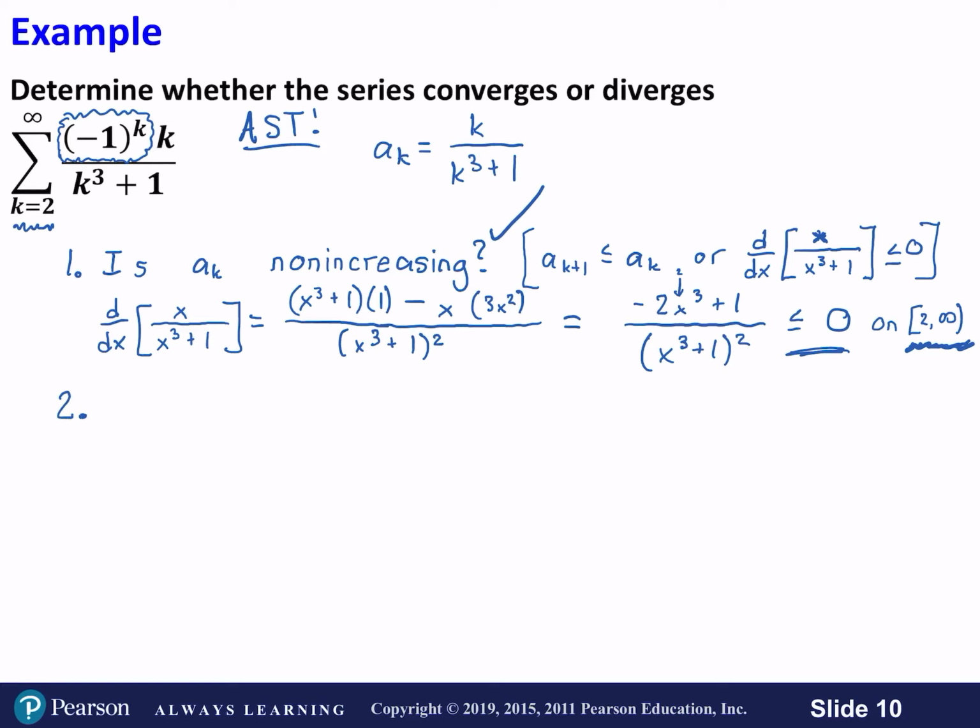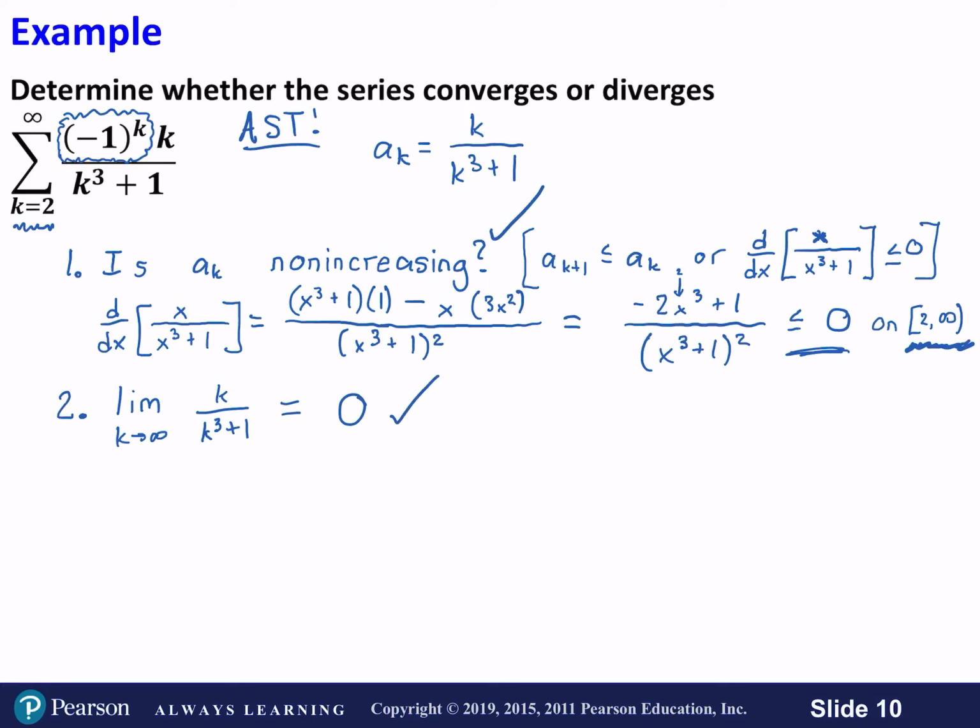And the second thing we have to do is compute the limit. Specifically, we're going to take the limit as k goes to infinity of k over k cubed plus 1. And this, of course, is just equal to 0 because the denominator power is larger.